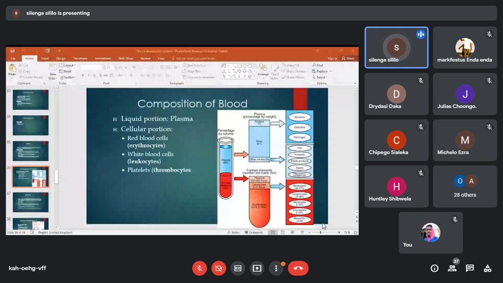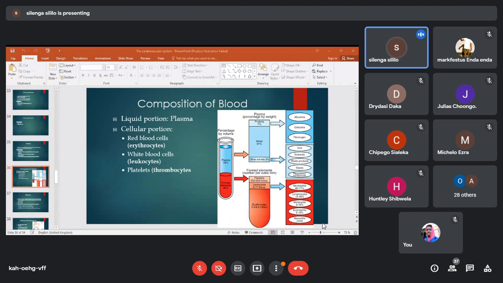Then there is what we are calling peripheral blood. This is blood that you are able to collect from the veins, the one you can access through the veins. So whole blood, that is the composition.